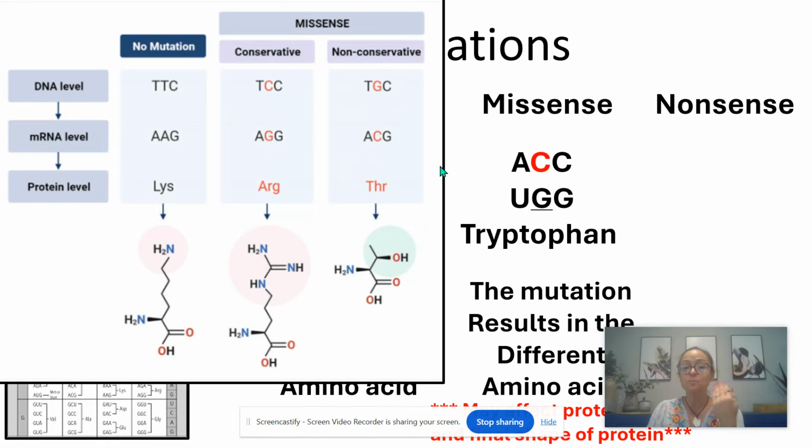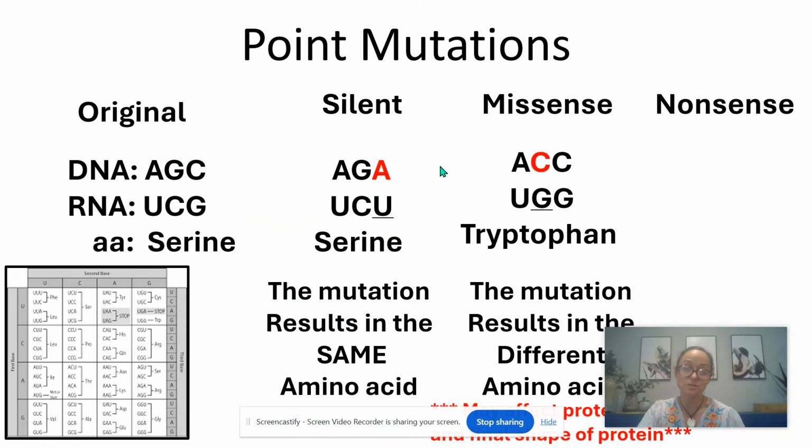However, if the original was polar and the substitution or the point mutation resulted now in a non-polar amino acid, well, that is going to cause different consequences as that tertiary structure forms in that polypeptide. So in missense, it really does come down to the chemical properties of those R groups and whether or not it has an impact on the overall protein folding. But no matter what, a missense mutation does switch an amino acid in the polypeptide.